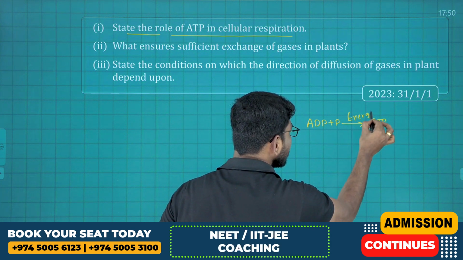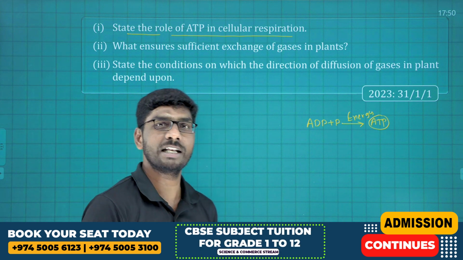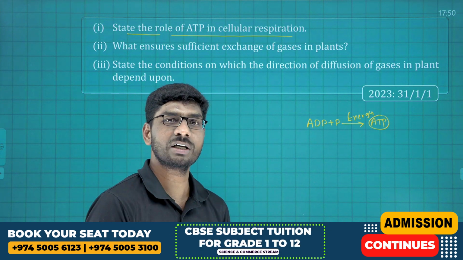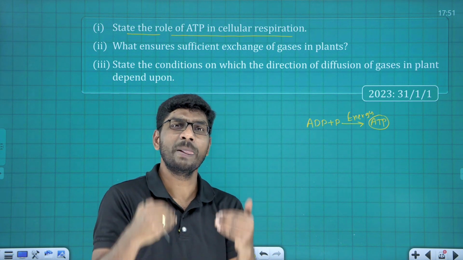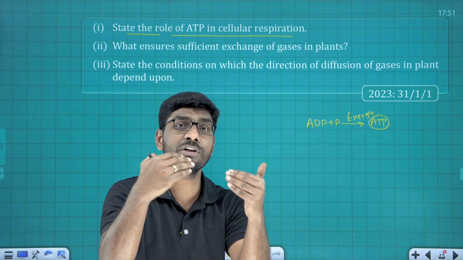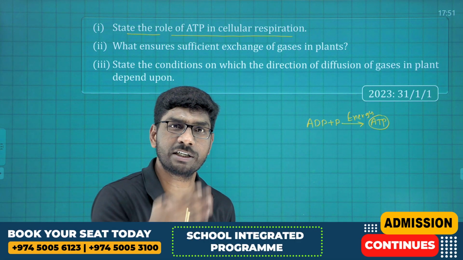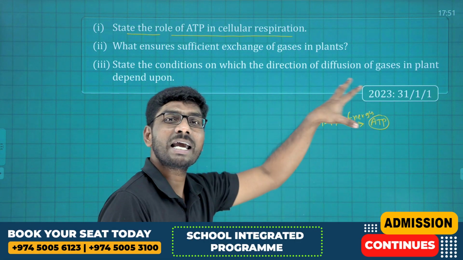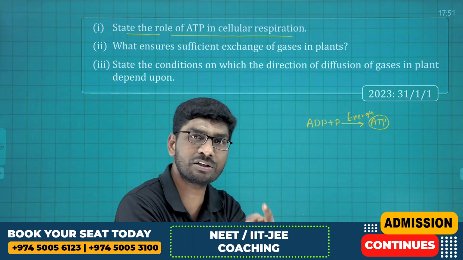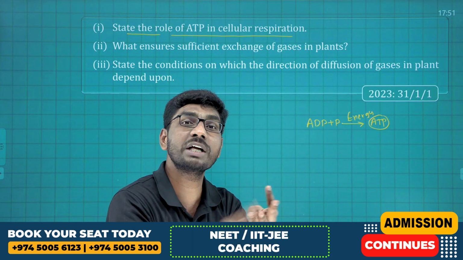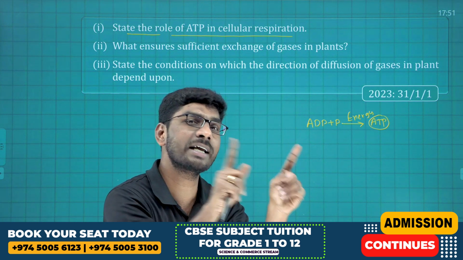Now this ATP is important for protein synthesis in our body, muscle contraction, nerve impulse generation, and many things in our body. A lot of cells and tissues have endothermic reactions taking place, so for that purpose ATP is required. ATP is like currency, energy currency.